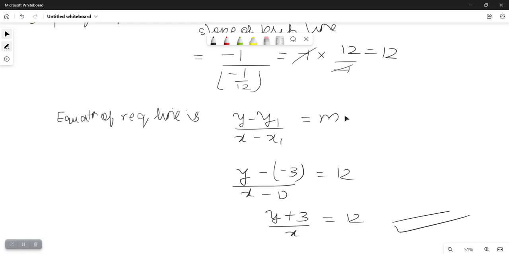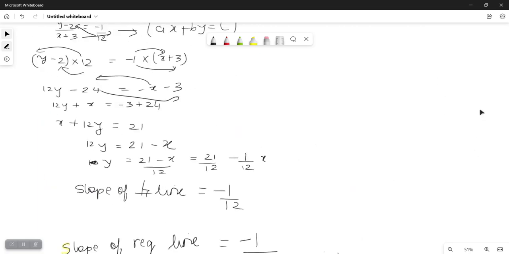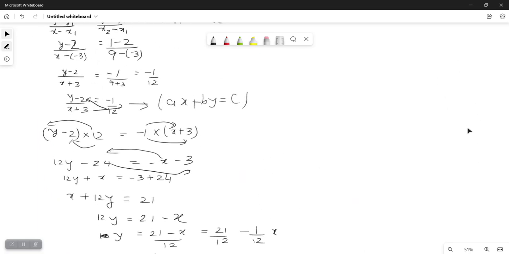Okay. Now I want to comment on one short trick. This short trick you can only follow if you are very confident.